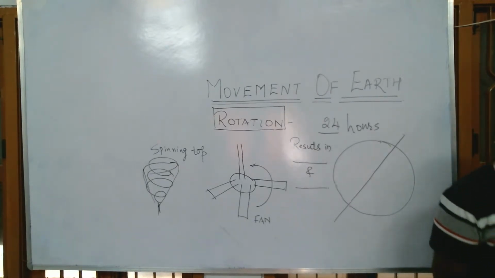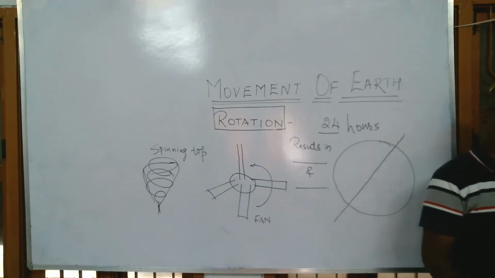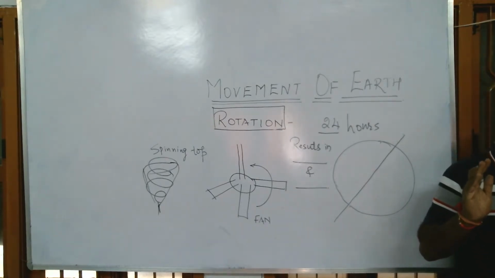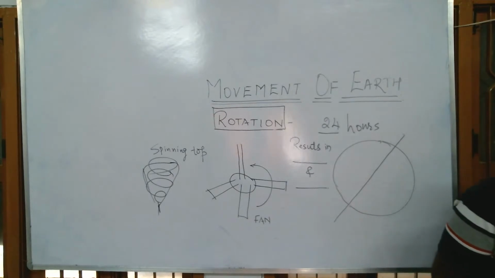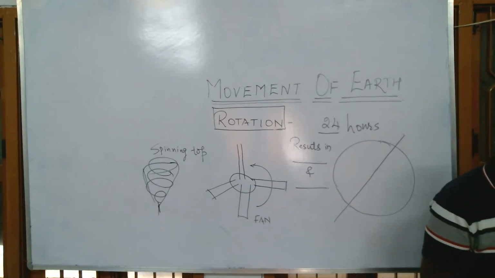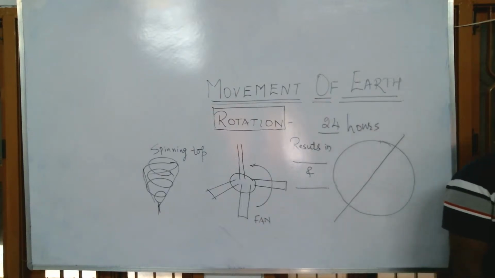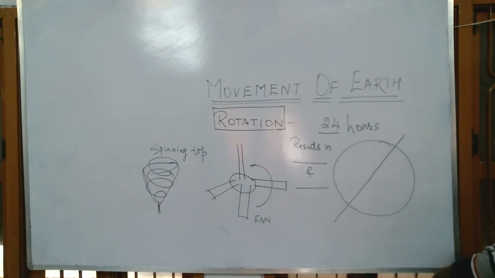Because while rotating, some part of the Earth is facing the Sun, and the part opposite to that is not facing the Sun. What will happen to the part which is facing the Sun, and what will be there in the part which is not facing the Sun?